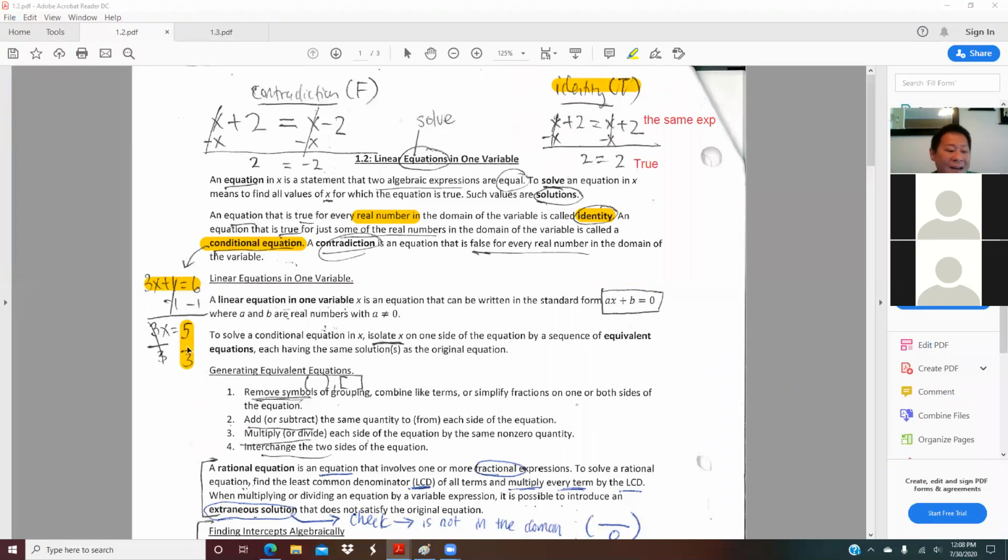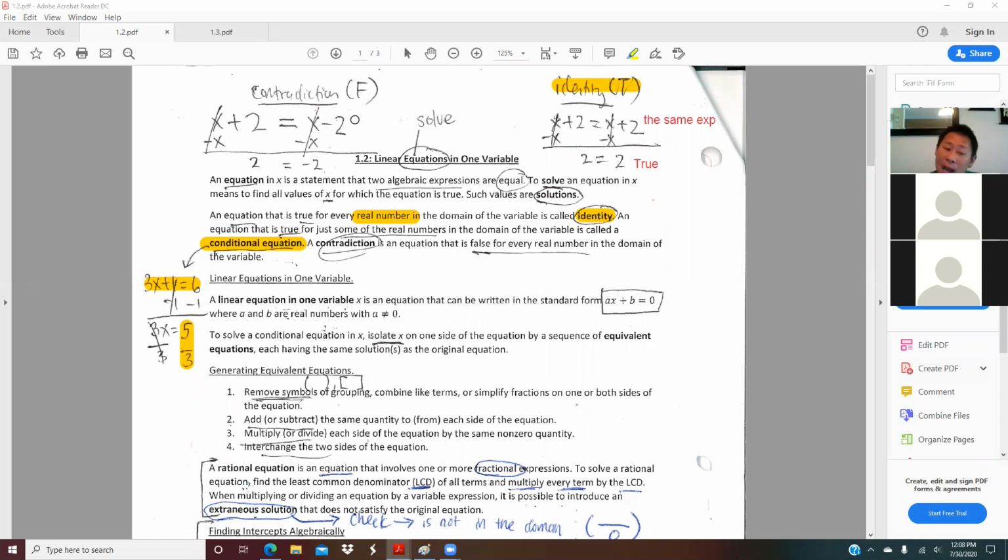But any other numbers besides 5/3 will not work for this case. But for what we call an identity, any number you plug in here will work. If you plug 1 in here, you will get 3 and 3. If you plug 4 in here, you get 6 and 6. So no matter what number you plug in here, a negative, a fraction, a decimal, you will still get the same thing. That is what we call an identity equation.